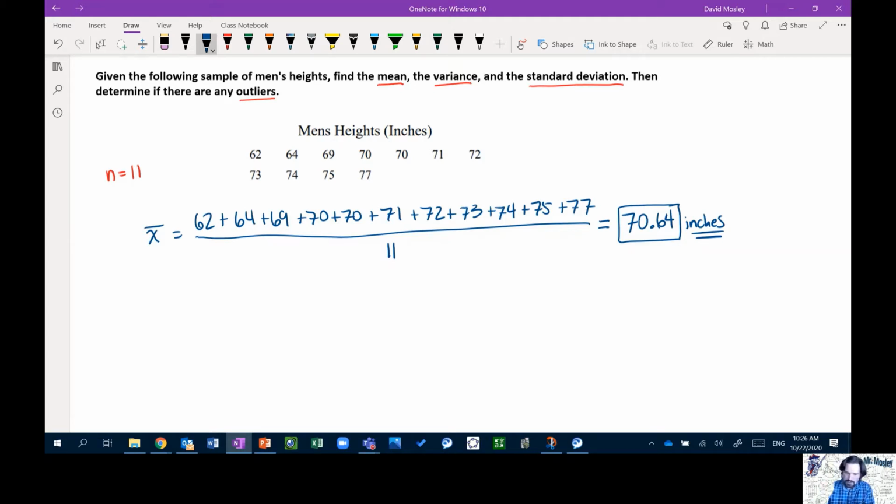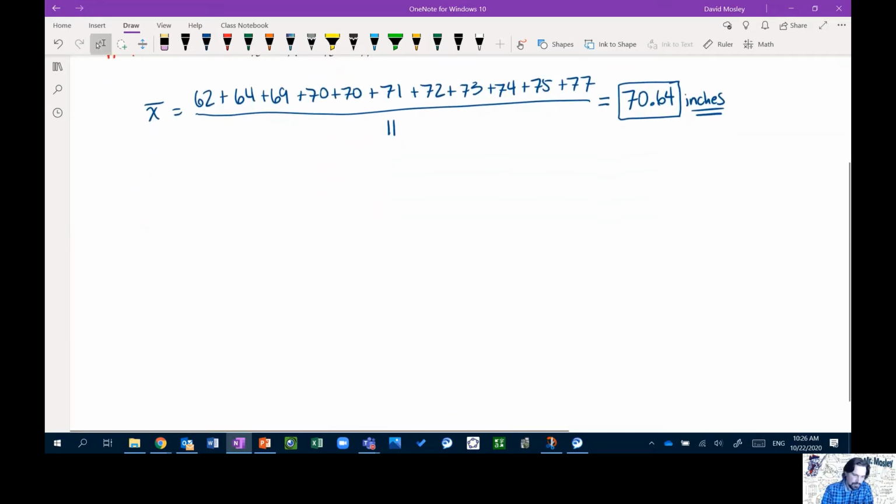All right, so now that we have the mean, we can now do the steps to calculate the variance. Now this takes a bit of time to do by hand. Luckily, we only have 11 data points to do this with. And what we're going to do is set up a table to stay organized because that really helps a lot in this situation. Our first column will just be the observations, which is just x.